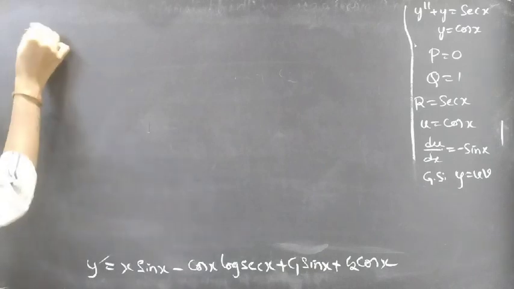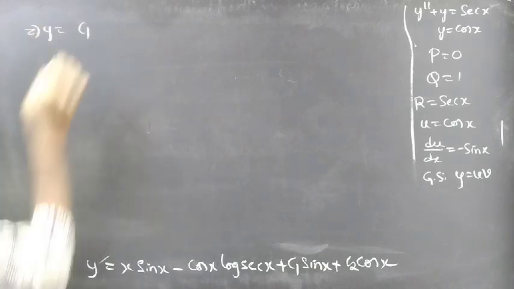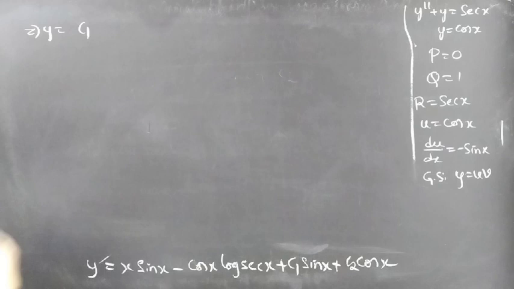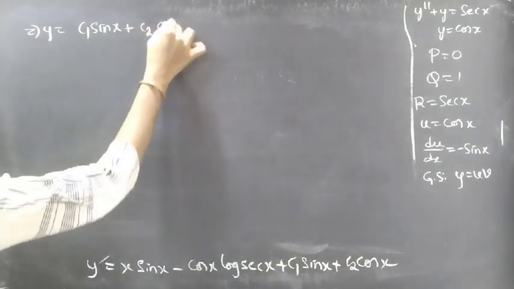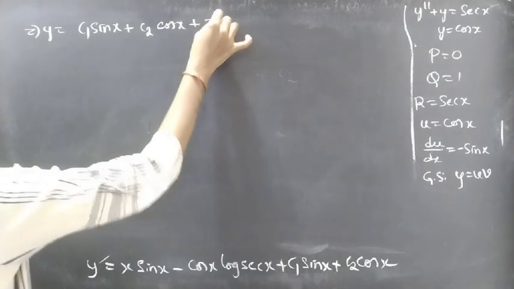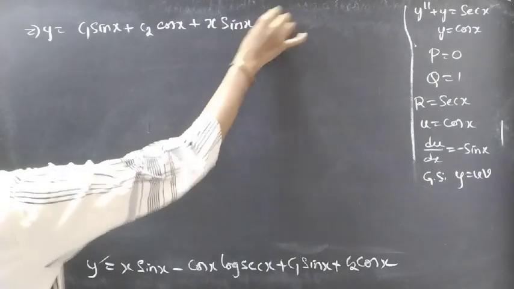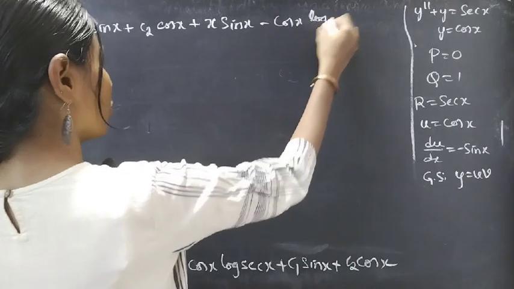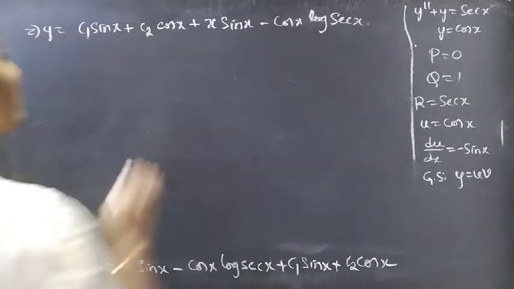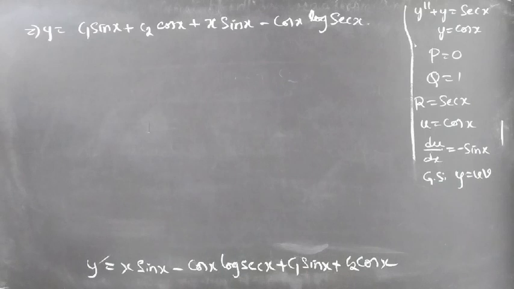Or y equal to, writing the terms involving c1 and c2 first, c1 sin x plus c2 cos x plus x sin x minus cos x log secant x. So this completes the problem.